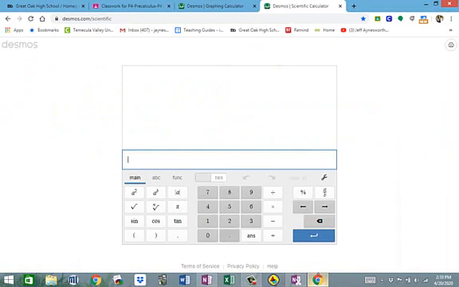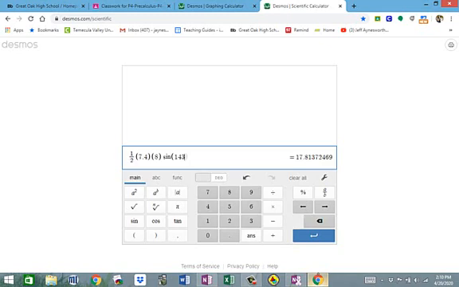Now 1/2 is the same as 0.5, so you can enter 0.5 or 1 divided by 2, whatever your preference. Times the first side, 7.4 feet, times the second side, 8 feet, times the sine of the included angle, 143 degrees.